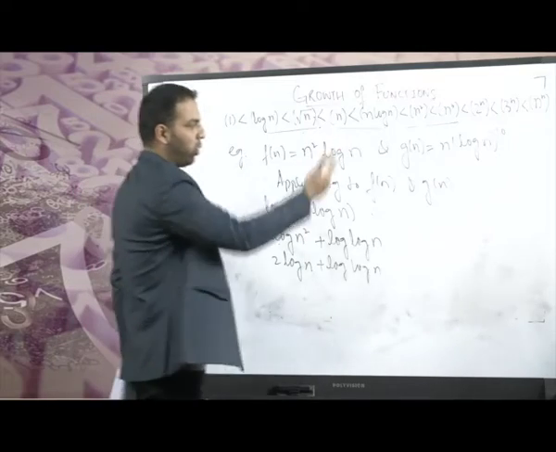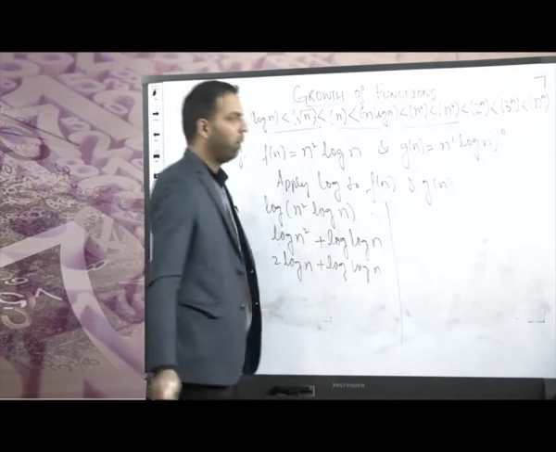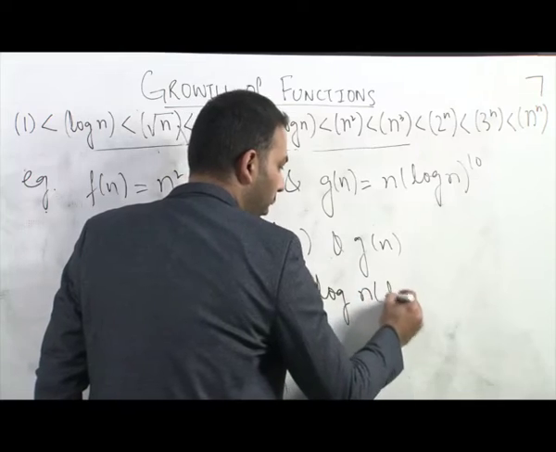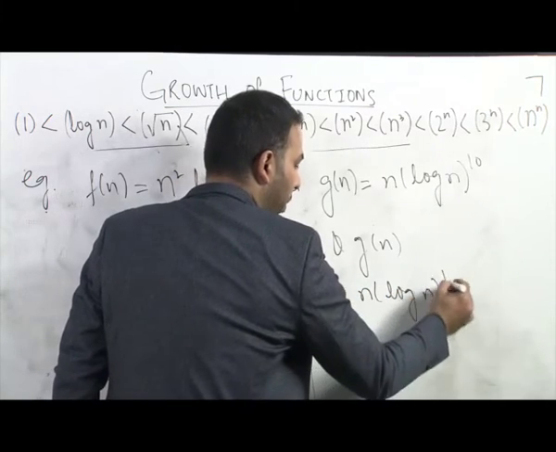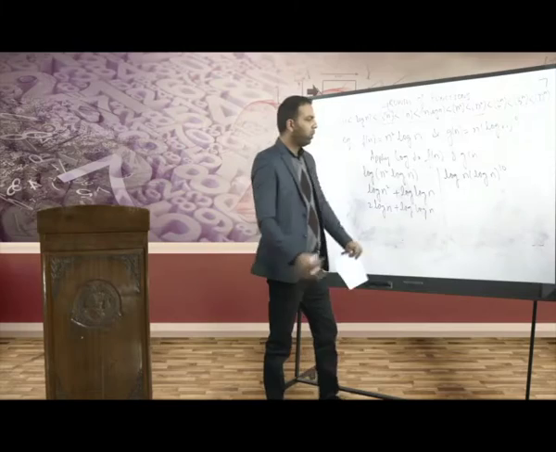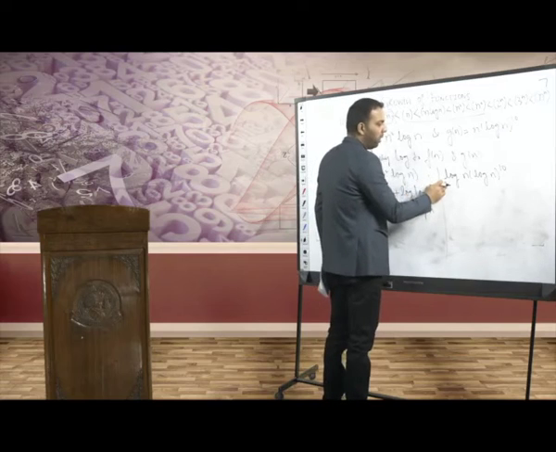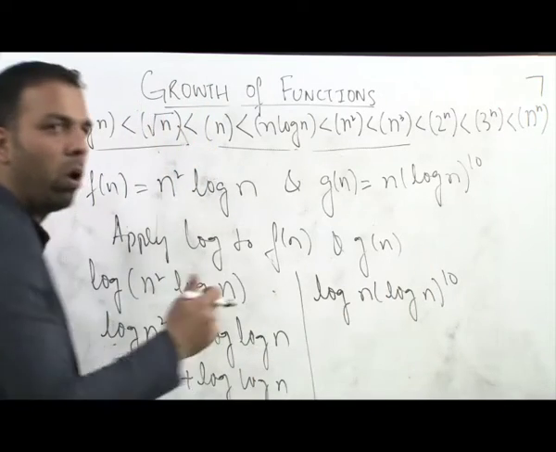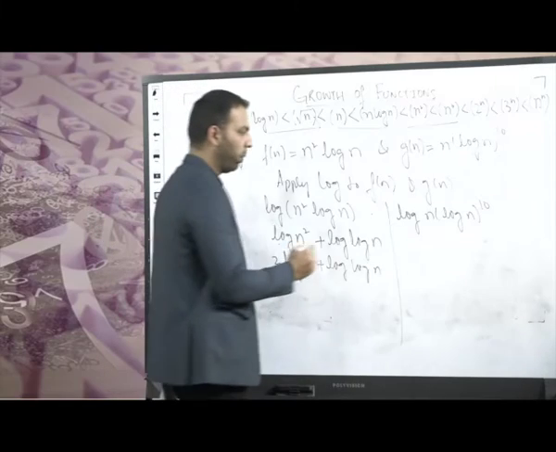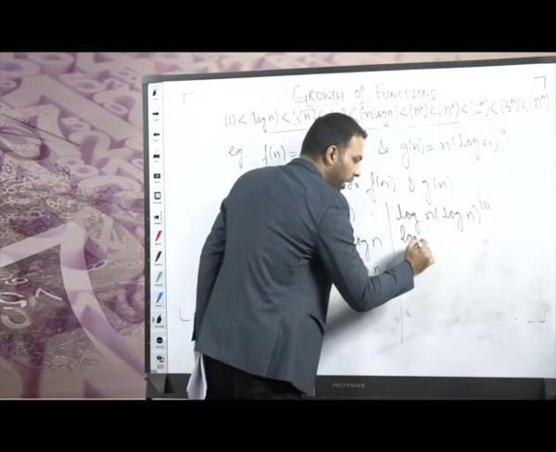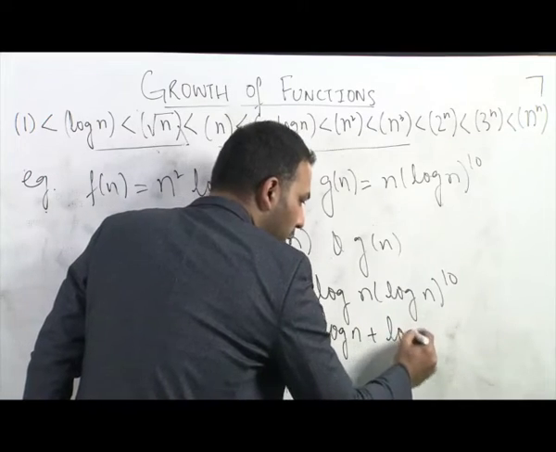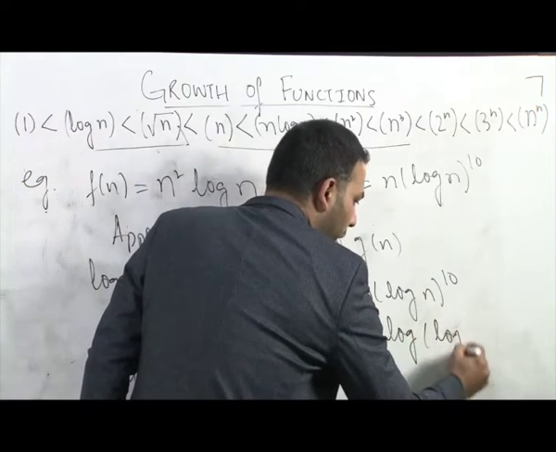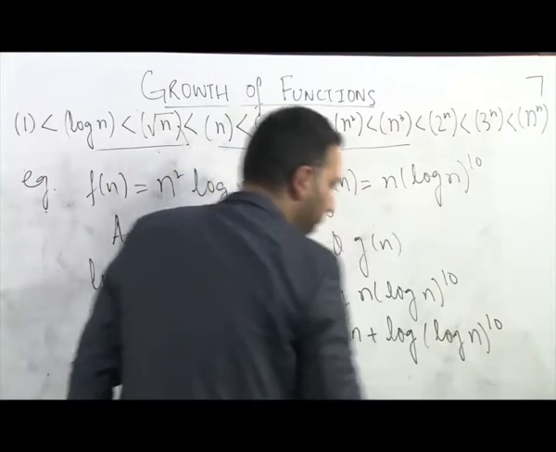Now what about g of n? When we apply log to it, it will be log of n into log n raised to the power 10. So log a into b is log a plus log b, so it will be log n plus log of log n raised to the power 10.